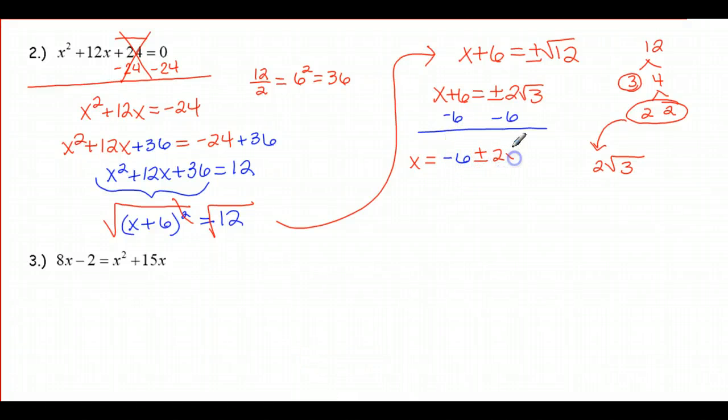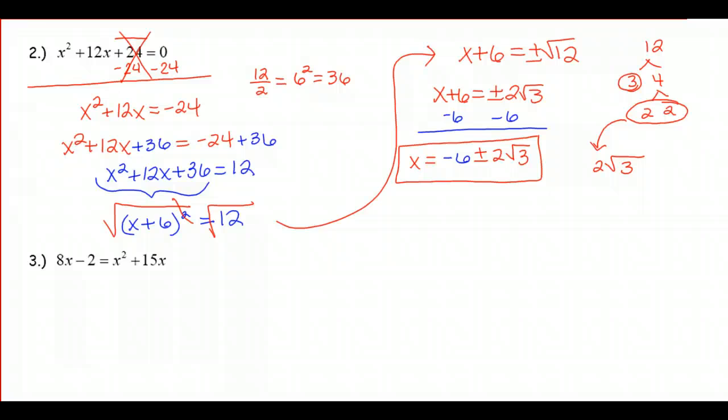You cannot add these or combine them because they are not considered like terms. So this is our solution. X equals negative 6 plus or minus 2 root 3. This is an exact solution in simplest radical form. Unless you are asked by the directions to round your answer, you should not be using your calculator.